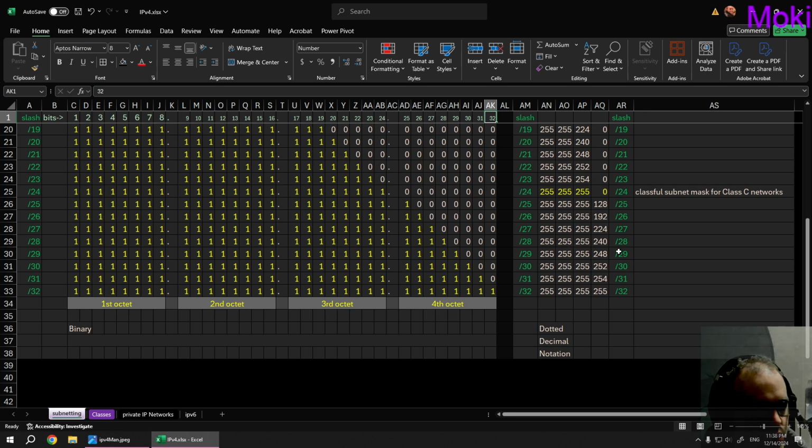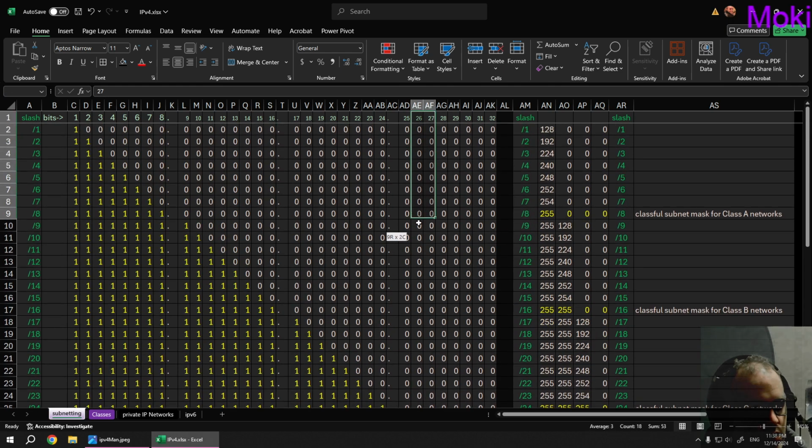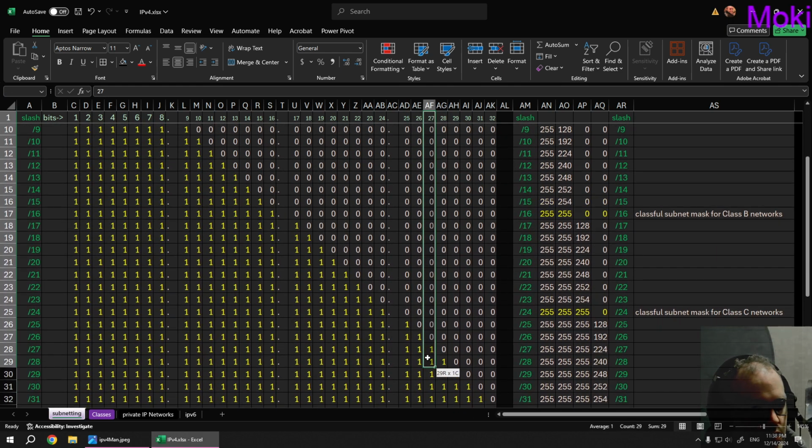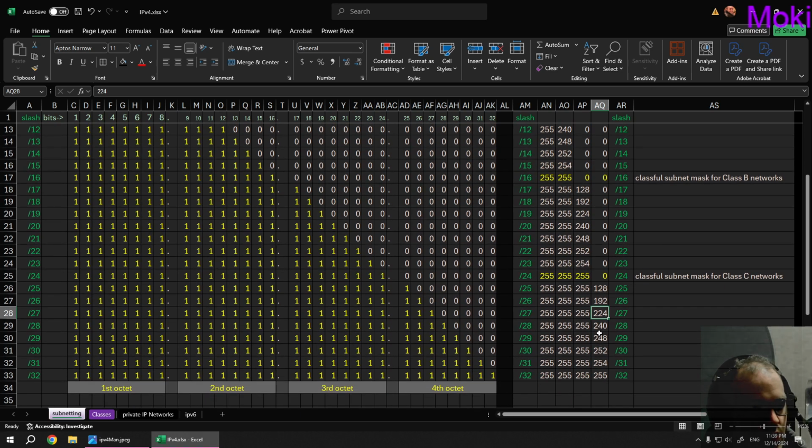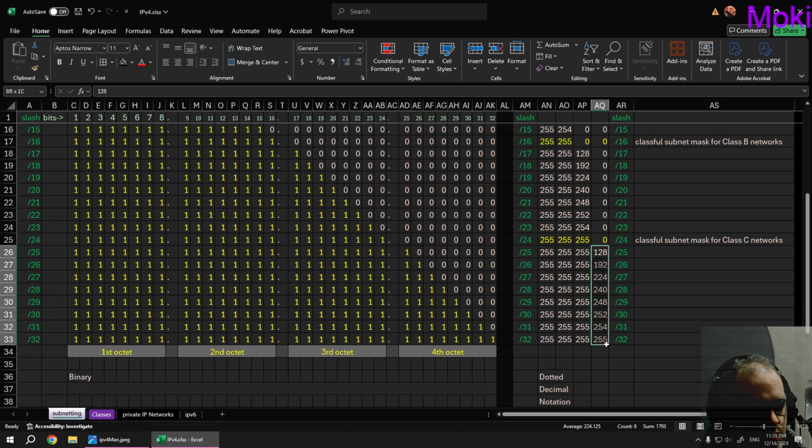Now I have this sheet in front of me with this Excel form that I made. But how would we know to go from 127 to 224? There are many different ways to memorize this, but I'm just going to explain that's what that is.